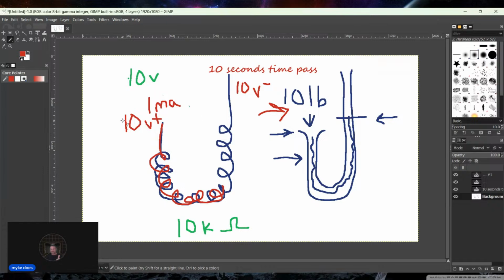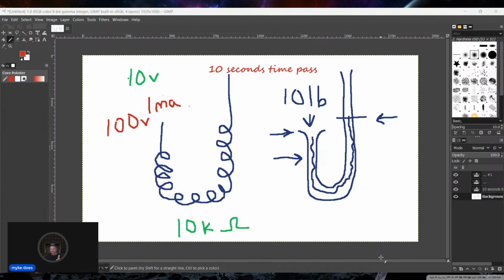Okay, so if you change this 10 volts on the left to, let's say, 100 volts, and now it's a different story. You're going to be able to push more amps.